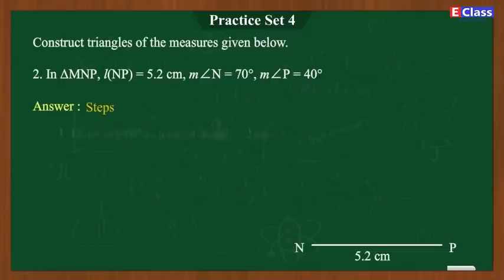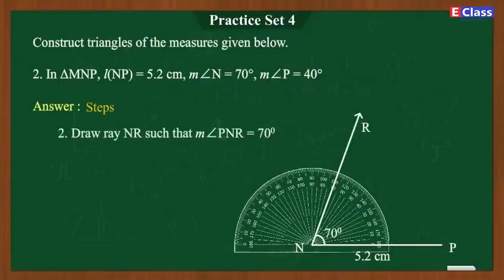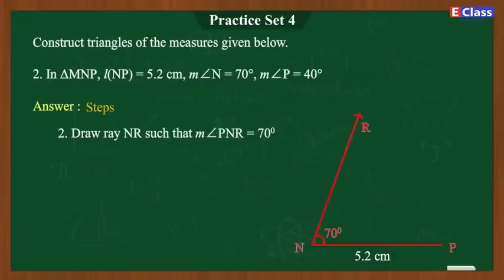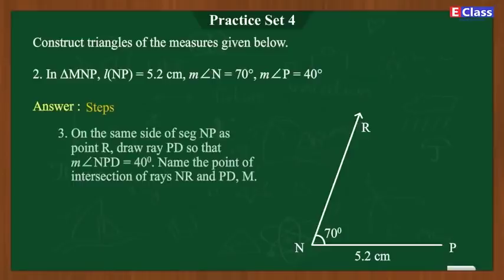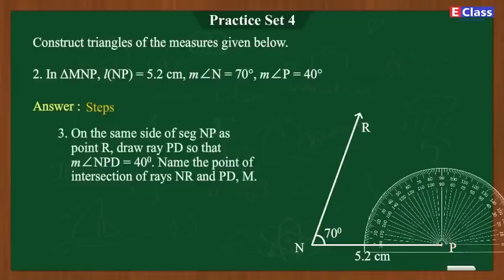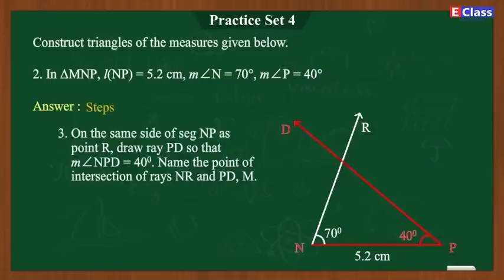2. Draw ray NR such that measure of angle PNR is equal to 70 degrees. 3. On the same side of segment NP as point R, draw ray PD so that measure of angle NPD is equal to 40 degrees.